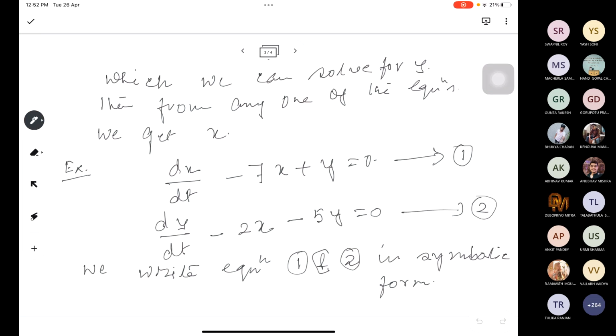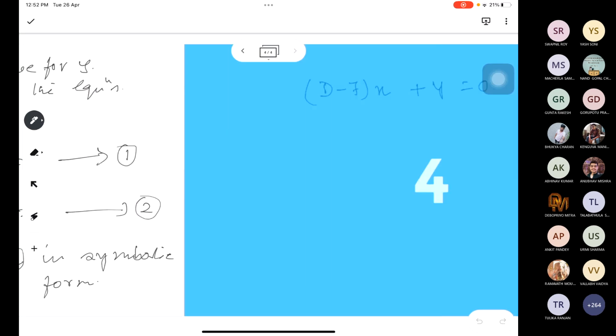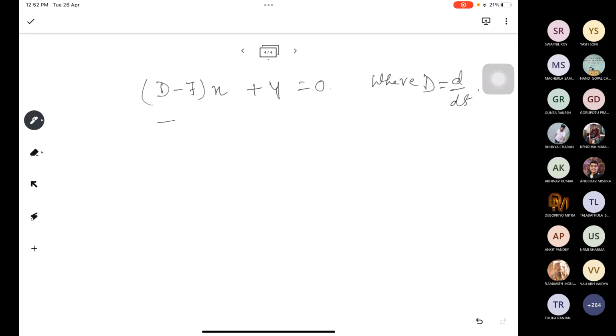Then the second equation: minus 2x plus (D minus 5)y. So this is our equation.